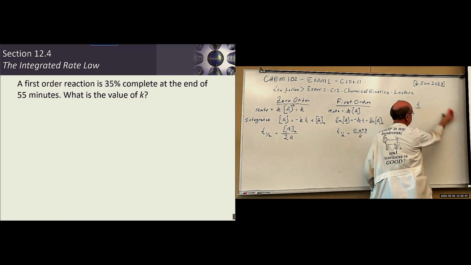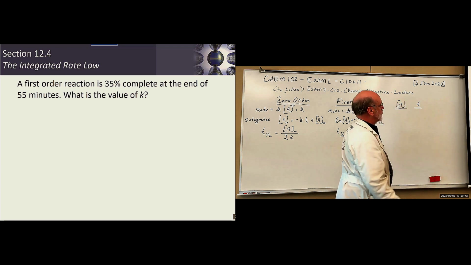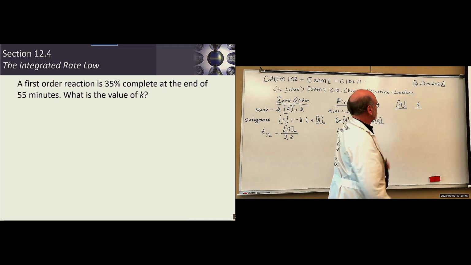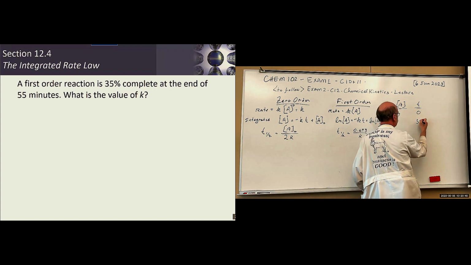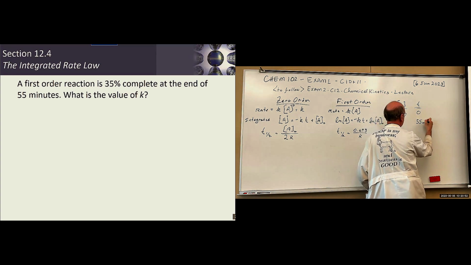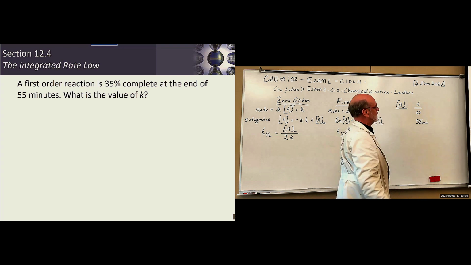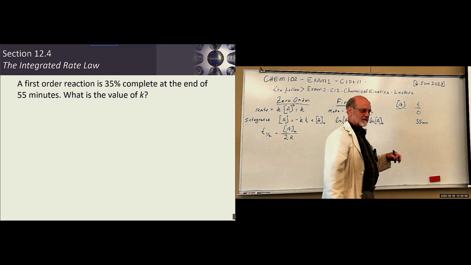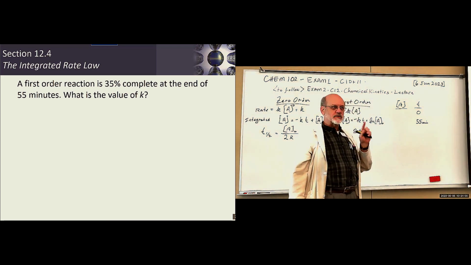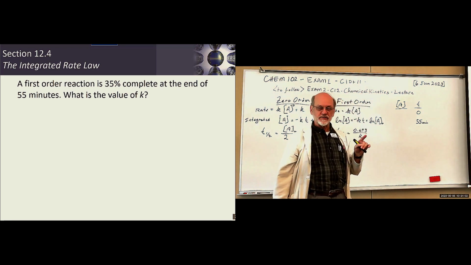Okay. So if I start off at 0 and then I go to 55 minutes, what's happening there? Well, the reaction then is 35% complete. Okay, that's the trick. What does that mean, 35% complete?